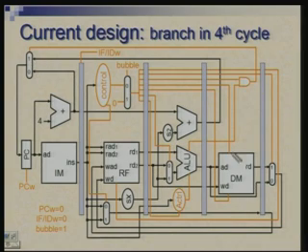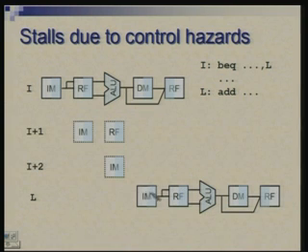So, if this is how it is done, then there will be one more additional delay. The instruction will be fetched and be available from this cycle onwards, because at the end of the fourth cycle you are latching the new address into the program counter, and therefore the fetch cycle shifts to this.